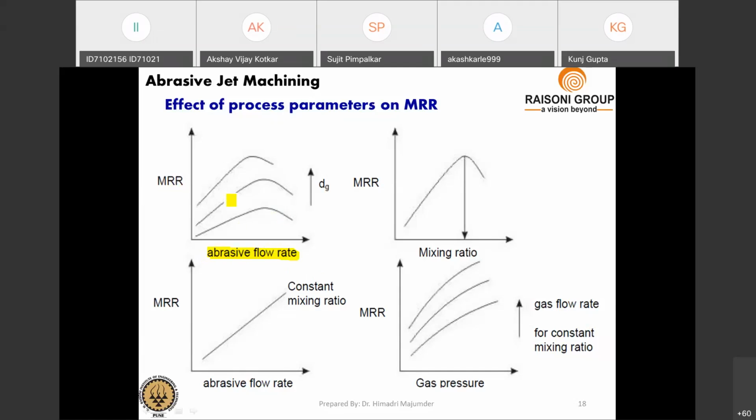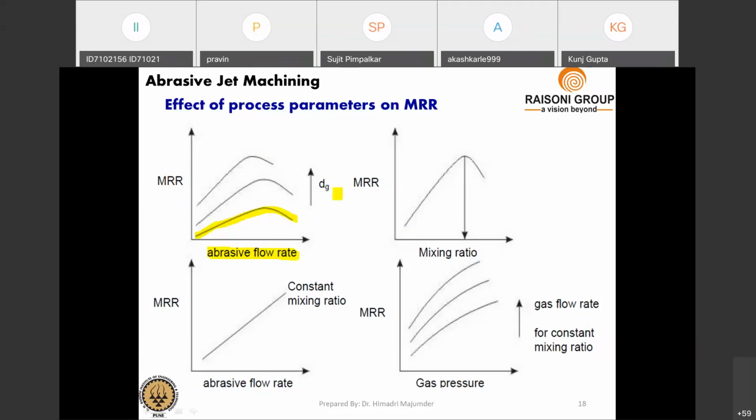MRR will get reduced because those dislodged particles get impinged on the work surface and restrict the more material removal. That's why we see that with the increasing of abrasive flow rate, MRR first increases and after some time it gradually decreases. So this is the effect of your abrasive flow rate on MRR.